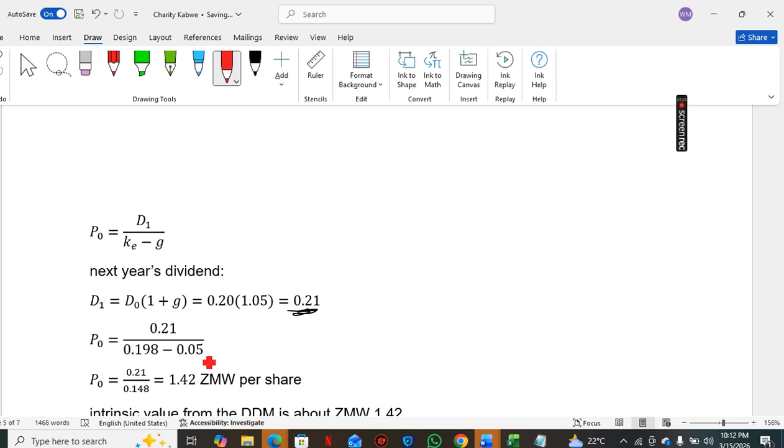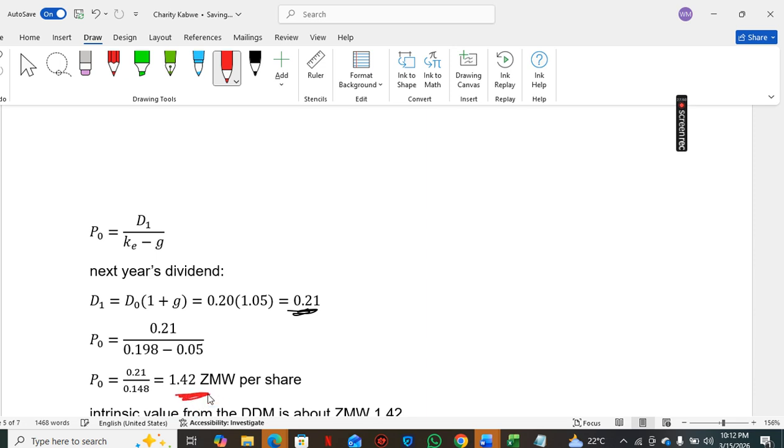So 0.198 minus 0.05 gives 0.148. 0.21 divided by 0.148, you get 1.42.